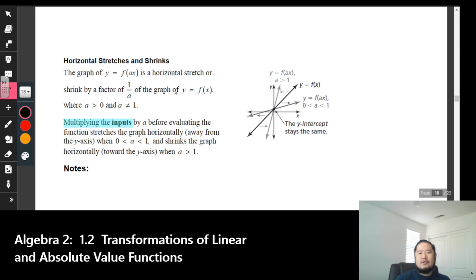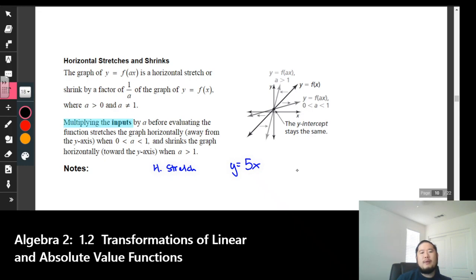For a horizontal stretch right here, it says if you multiply the inputs by A, then that will stretch it horizontally. An example of an equation, like what we had right here, for stretch, was, let's say, y is equal to 5x.